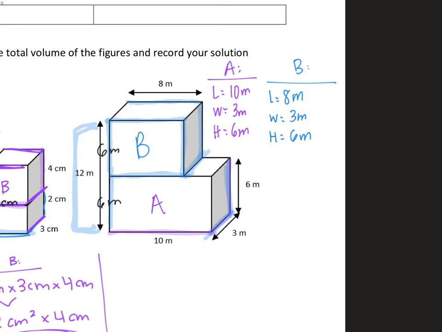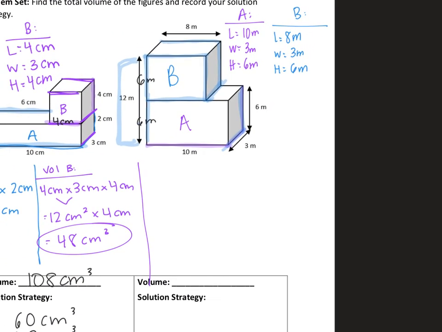Okay, so now I'm going to go down and start finding my volumes. So, all right, let's do prism A first. The volume of prism A, I'm going to use my dimensions. So I have 10 meters times 3 meters times 6 meters. 10 times 3 is 30 square meters times 6 meters.